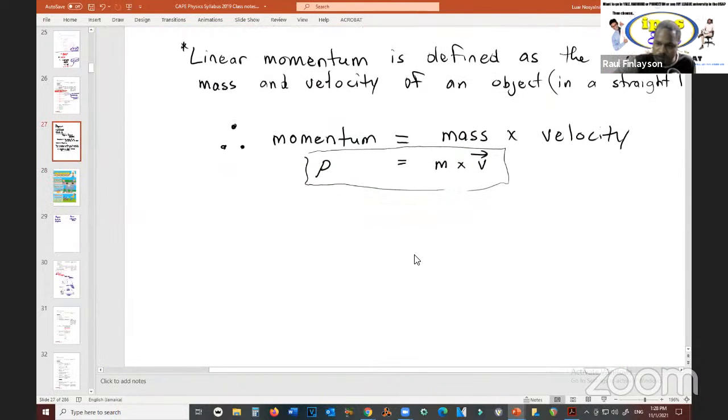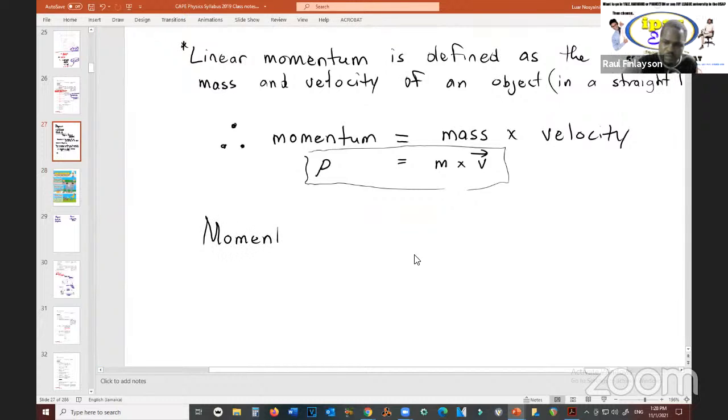So let's get some space here. Momentum is derived from Newton's second law.